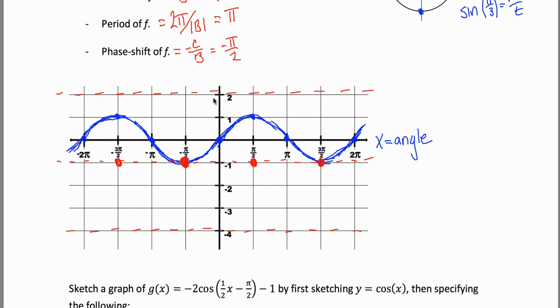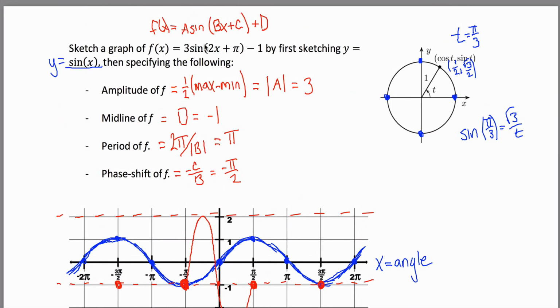So if I'm going to go up and then back down and then back up, what I want to do, if I space these out evenly, is end up with a graph that looks something like that. Here is one revolution of my sine graph transformed according to these values here, I guess.